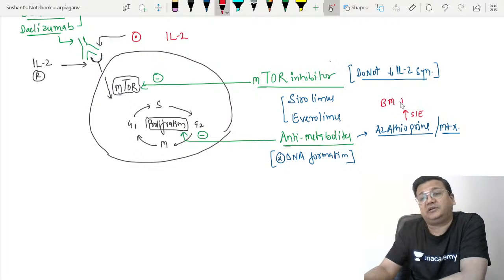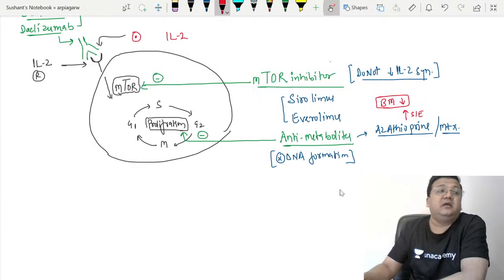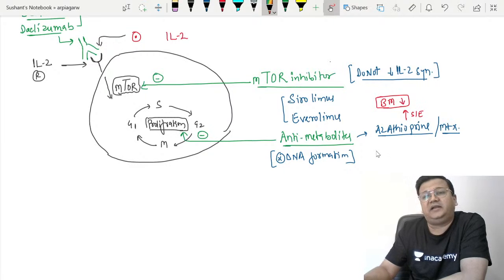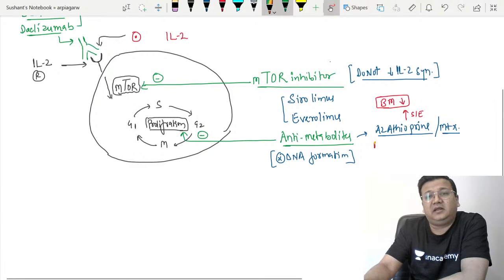Bone marrow suppression is a very great issue with any drug that suppresses DNA synthesis. So what we have done, we have developed a new anti-metabolite that causes less bone marrow suppression, and that anti-metabolite is known by the name mycophenolate mofetil.